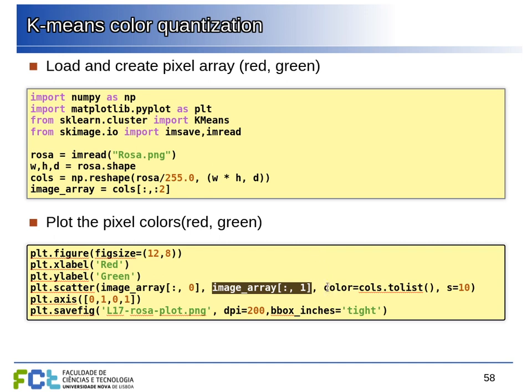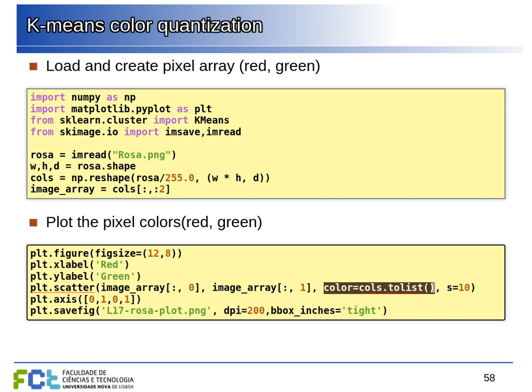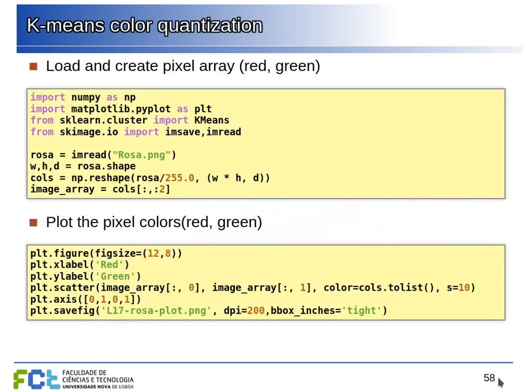And then we can just use the original colors as a list to assign different colors to the different pixels. So we can have this effect where we have them represented at the position corresponding to the color and also with the color that they have. Okay, so this is just how to process the data, load the image and obtain these channels.